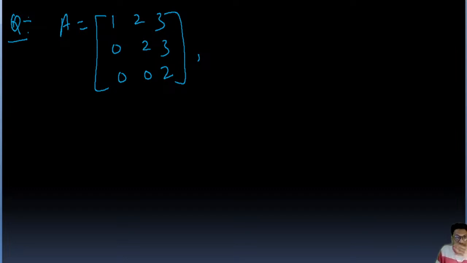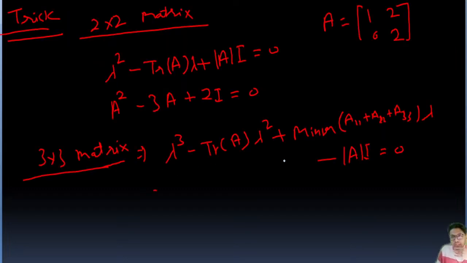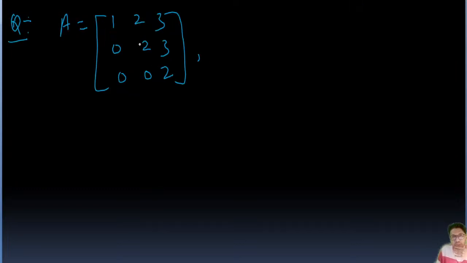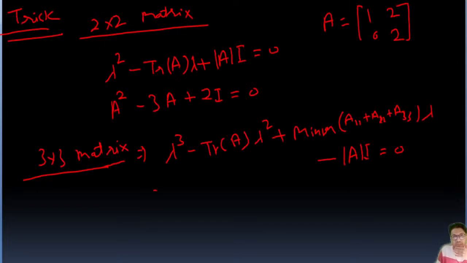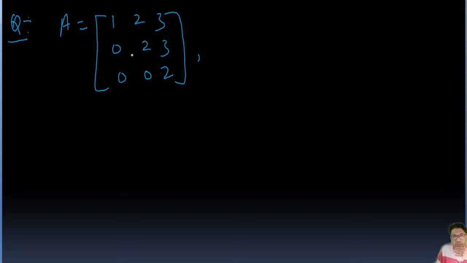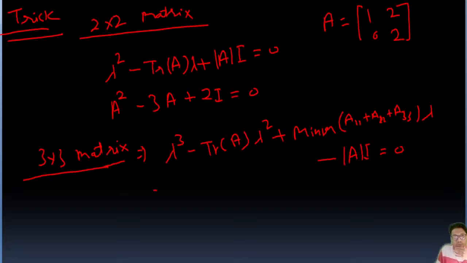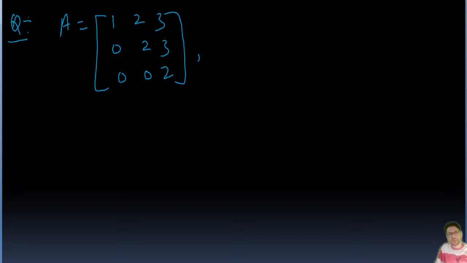I'm giving an example of how to use the characteristic equation trick. We have been given this matrix, and it's a 3 cross 3 matrix. Just give me 1 minute, guys.